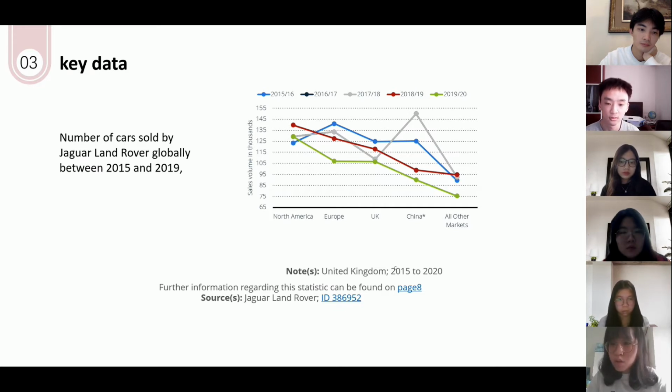Apart from sales to North America, Jaguar Land Rover suffered a sales decline in all its main markets. Business with China, the world's largest automobile market, declined by 8.9% from 2018. Next.